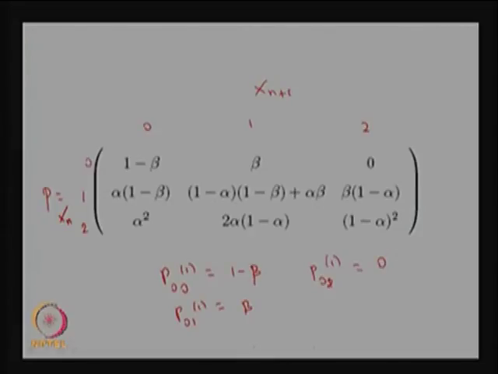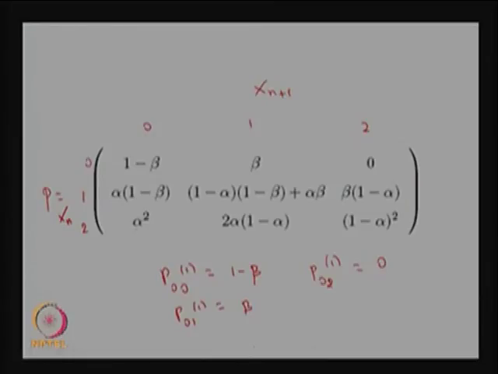And similarly, you can evaluate the other elements also. For example, the system going from state 2 to 0 is nothing but at the nth step 2 machines are in working condition, and at the n plus 1th step 0 machines are in working condition.